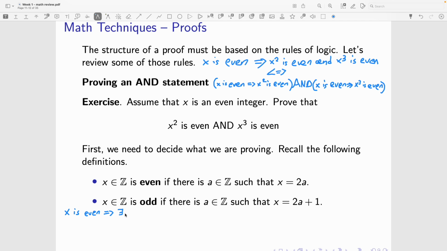The backwards E means there exists. Such that x equals 2a. Now we're just going to square this and see what happens.